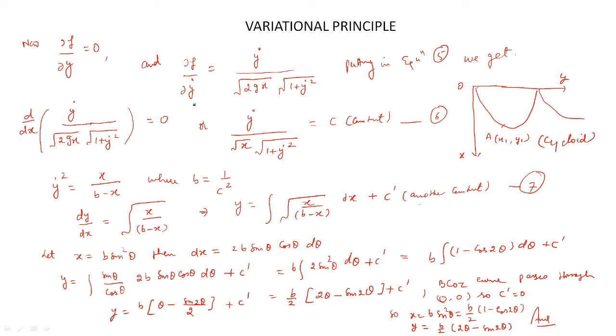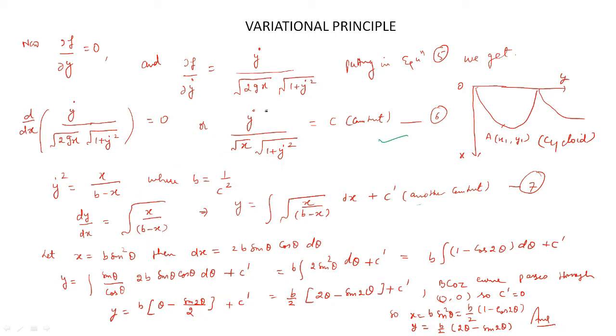Then del f over del y dot is equal to y dot upon root 2gx root 1 plus y dot square. Now this value we will put in equation number 5. When we solve it, you find that y dot upon root x root 1 plus y dot square is equal to a constant, that is c. Let us say it is equation number 6.